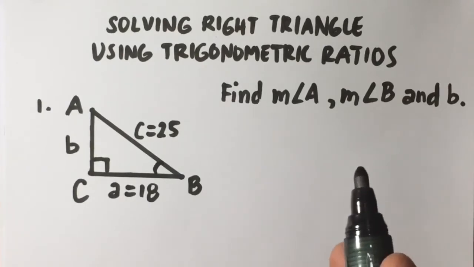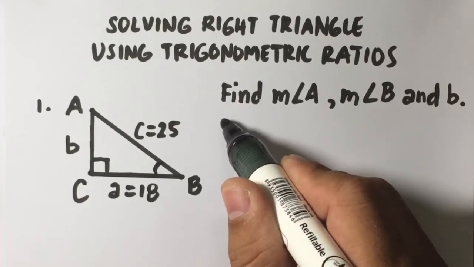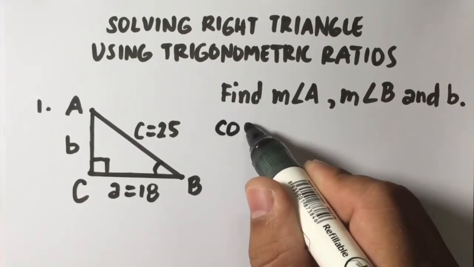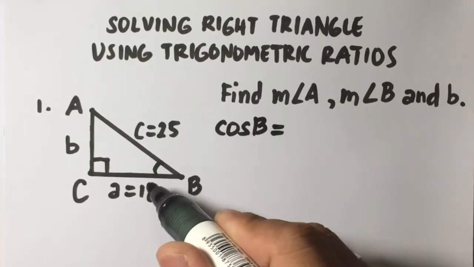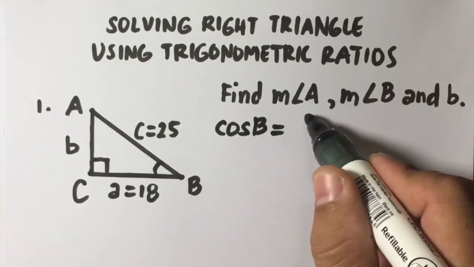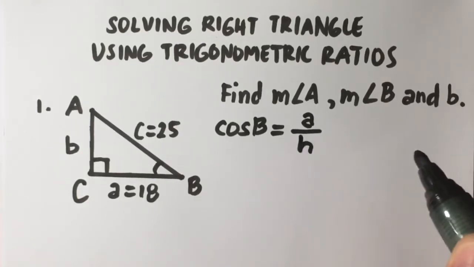So if we're going to use the trigonometric ratios, we can use the cosine. So cosine of B is equal to adjacent A over hypotenuse.